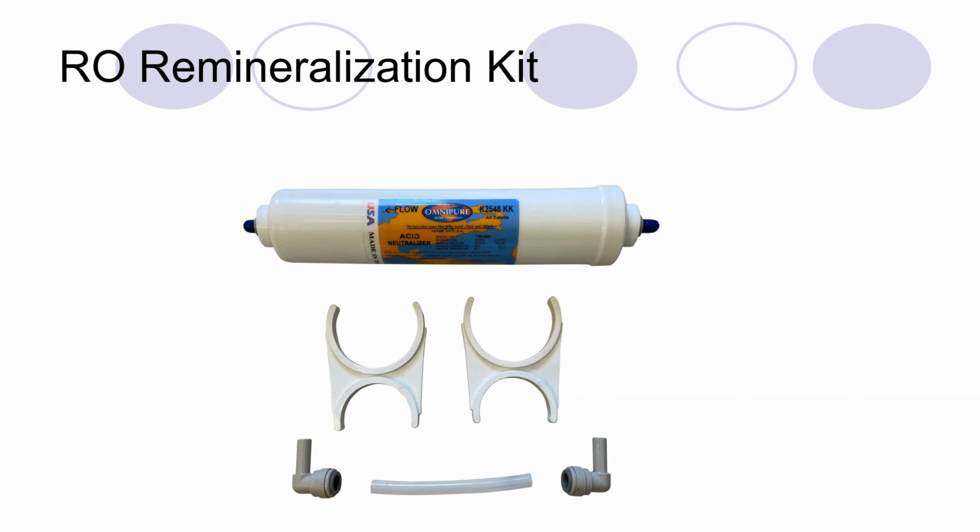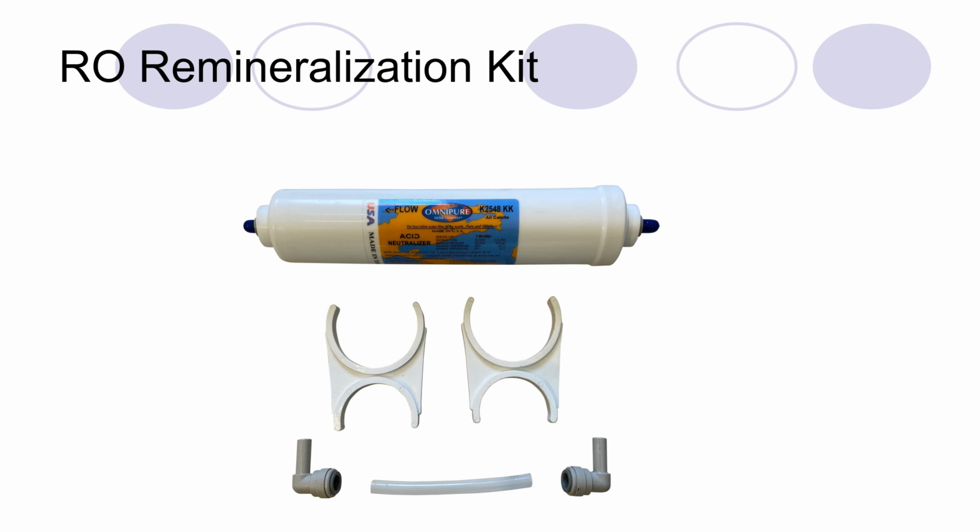Okay, so let me continue on with some more information, then I'll get back to answering some more questions. Something else, some people ask me all the time, well, doesn't reverse osmosis take out too many minerals, that I'd like to have my pH a little bit higher, or I'd like to have a little bit more minerals in my water or something like that. In a situation like that, you can add a remineralization kit. That's what I have here on the screen.